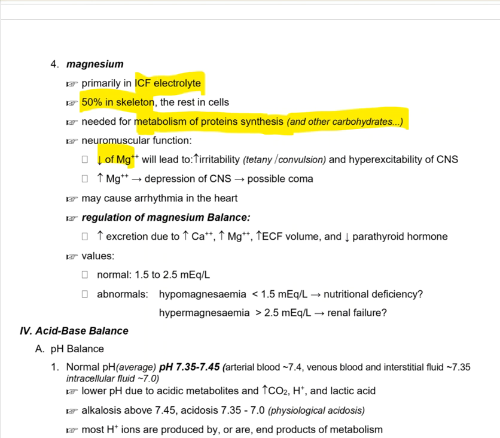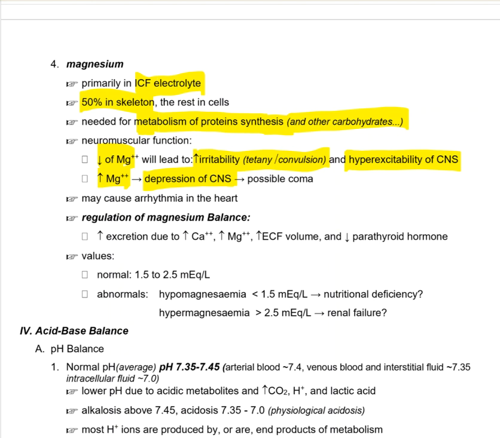Low amounts of magnesium can lead to irritability and hyperexcitability of the CNS. High levels can depress the CNS, and because of some of the neuromuscular function that it has in terms of protein metabolism and synthesis, it also can cause arrhythmias in the heart.